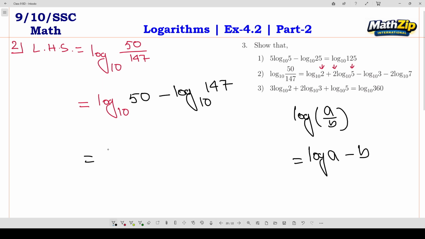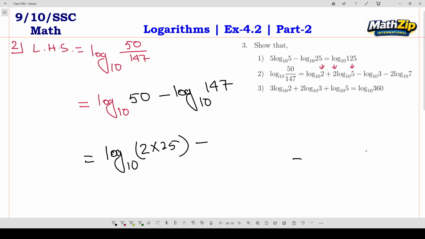Okay, now this 50 we can write 2 times 25. Okay, very simple. And this one, minus log, we can write log 10, and 147 we can segregate in lots of ways.